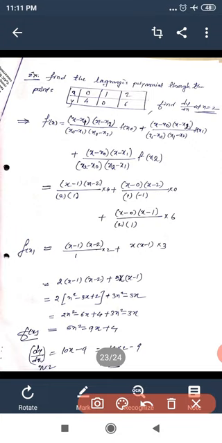For x2 minus x0, x2 is 2 and x0 is 0, so 2 minus 0 is 2, then 2 minus 1 is 1, into 4.